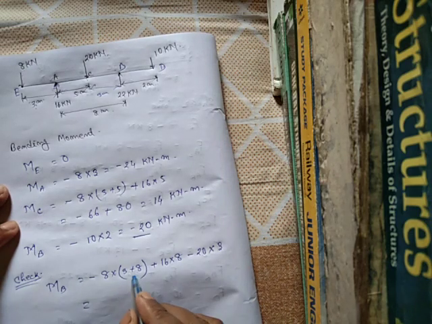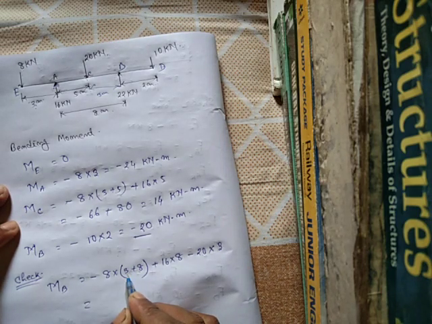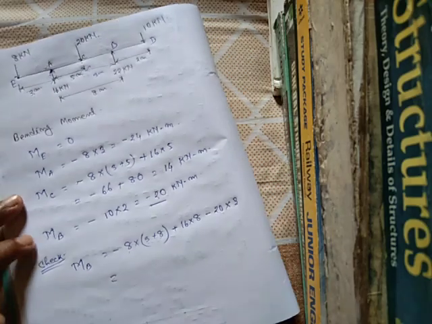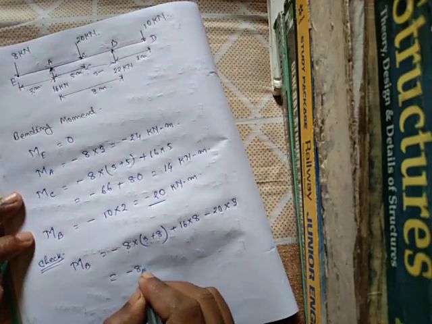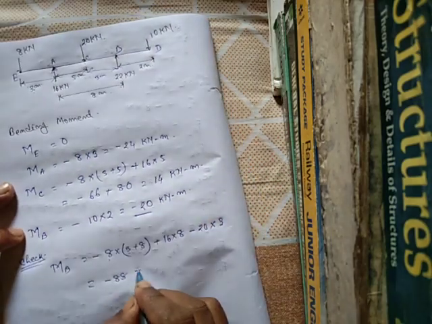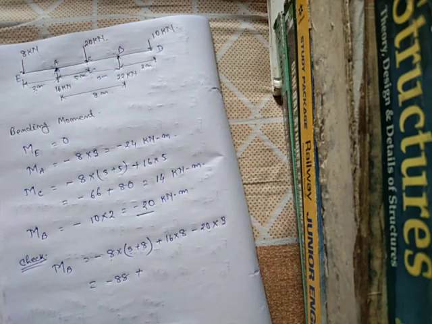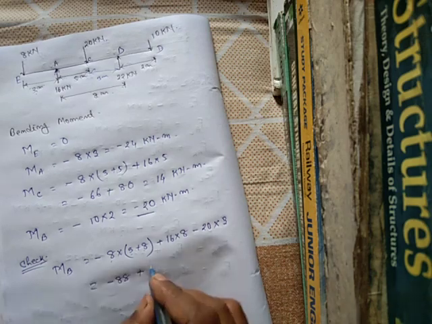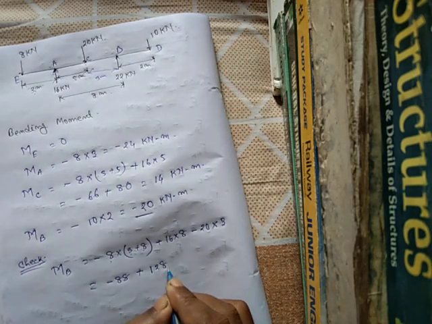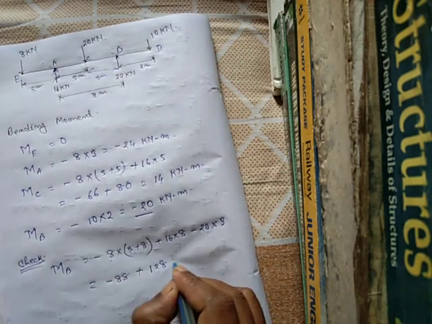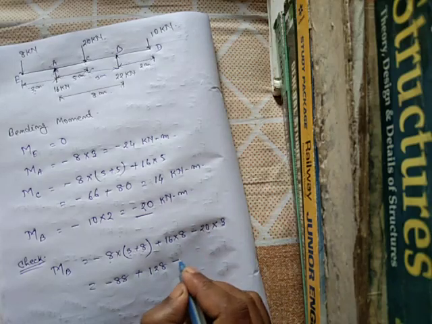Let me calculate. 8 plus 3 is 11, 11 into 8 is minus 88, plus 8 into 16, that is plus 128, minus 3 into 20, it is 60.